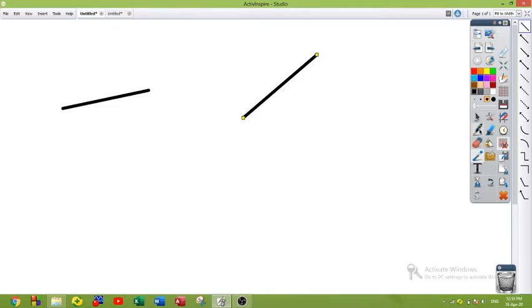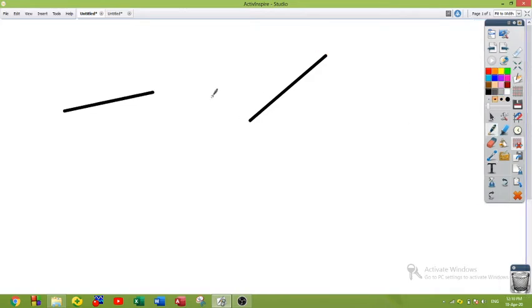If someone wants to walk here, it must be easier than walking here. A man or a student can walk here very easily, there is no problem. But if someone wants to walk here, it's not easy. It's climbing, and it will not be easy.